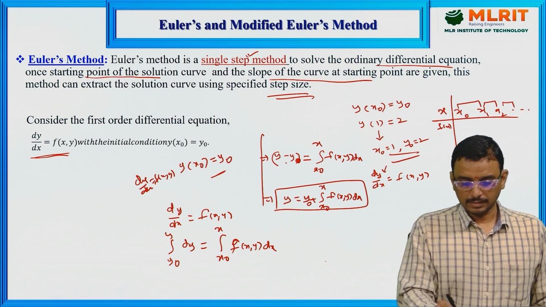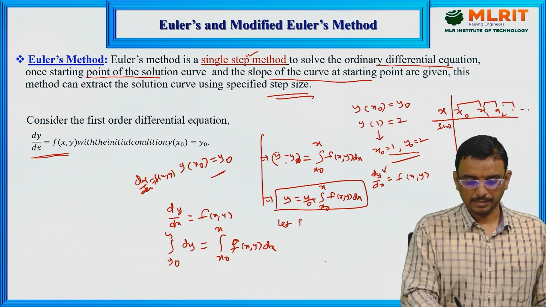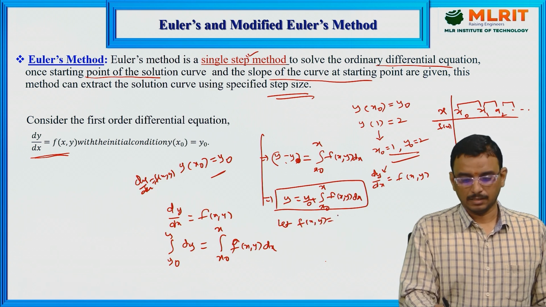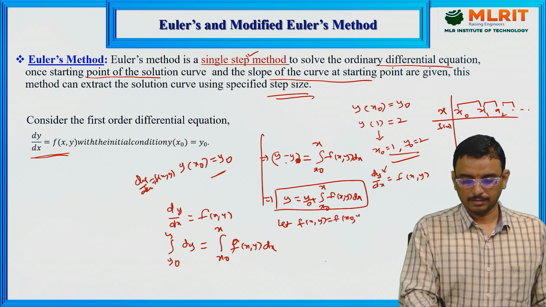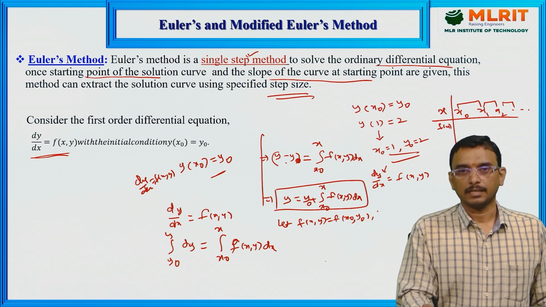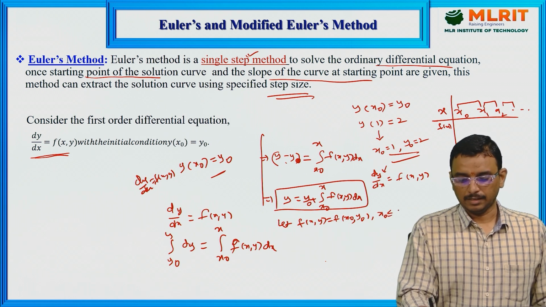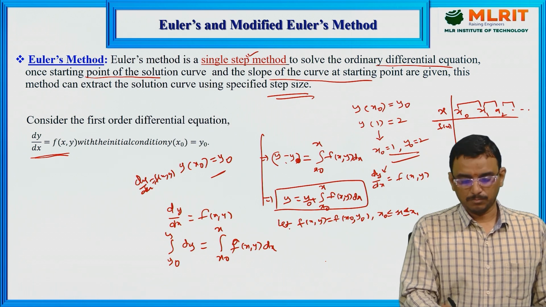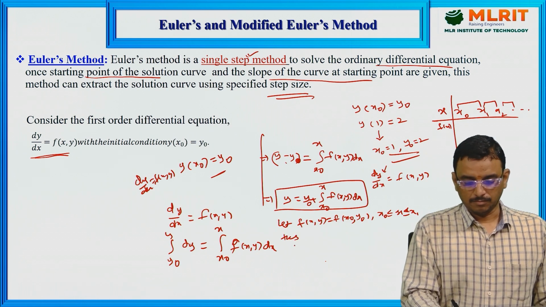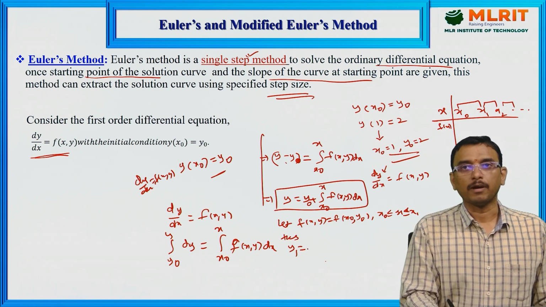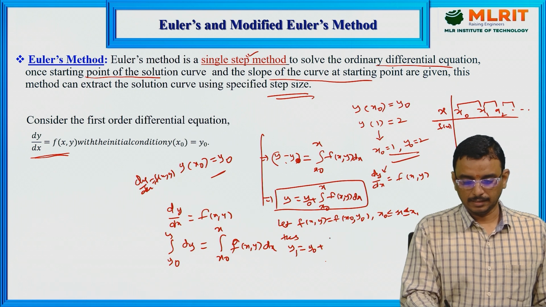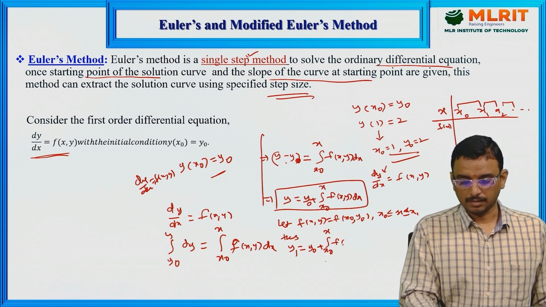Now consider the interval where f of x comma y is equal to f of x naught comma y naught in the range x naught to x1. Thus we can write the above equation as y1 is equal to y naught plus the integral from x naught to x1 of f of x naught comma y naught into dx.